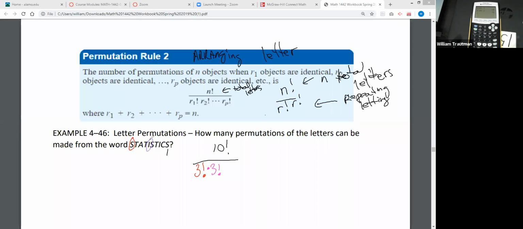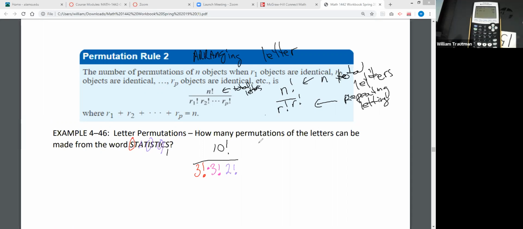So we put 2 factorial for the I's. 1 C, 1 A, and that's it. We don't have to put 1 factorial for something that doesn't repeat. We just put the letters that repeat more than once, because times 1 is still 1.